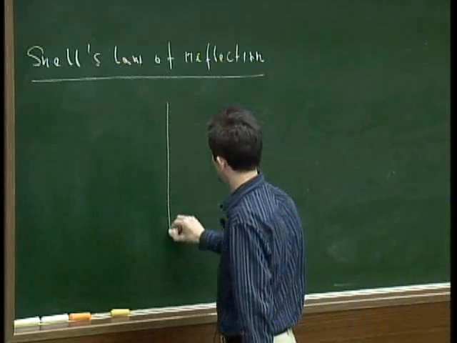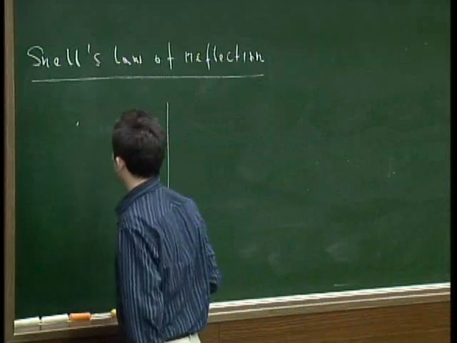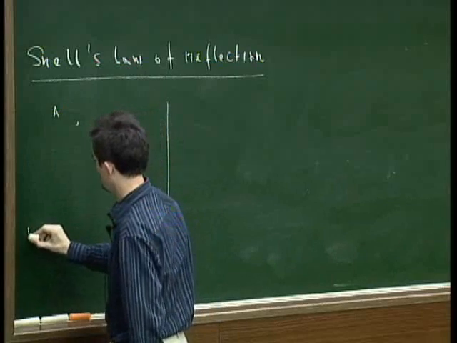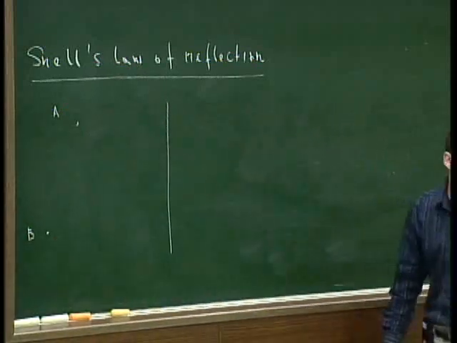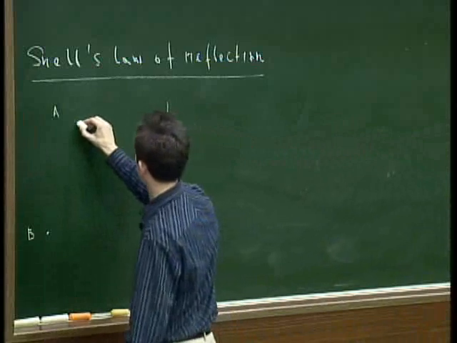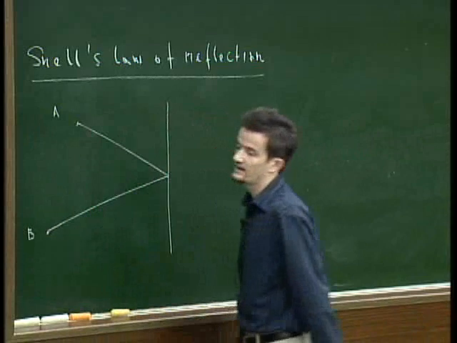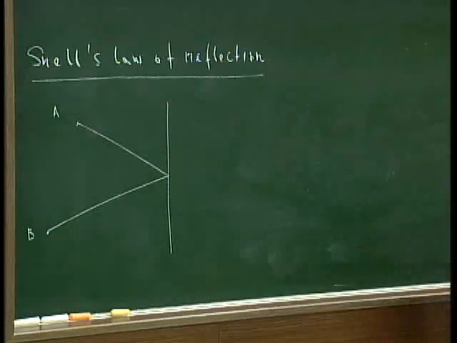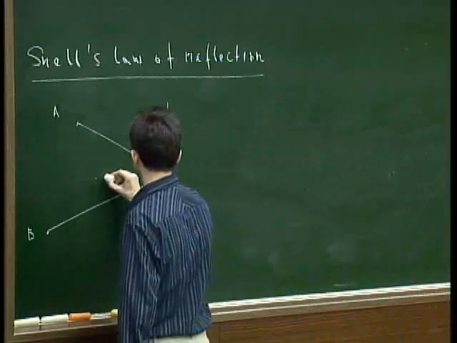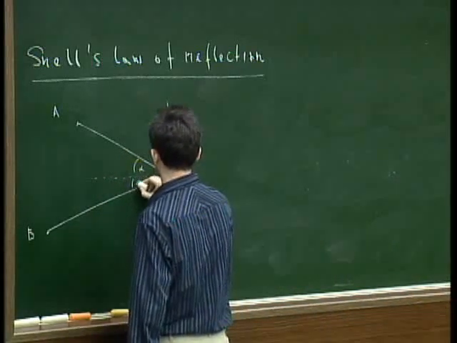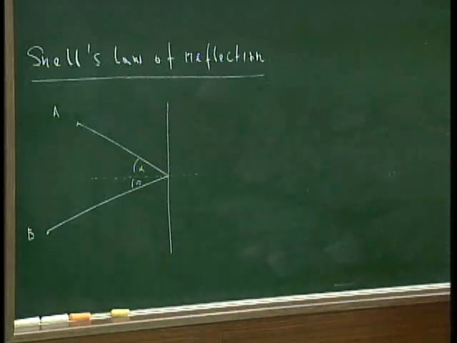So if light is traveling from this point here, A, to some other point, B, and gets reflected at some media, for instance, light is traveling like this here, then gets reflected at this media here, then you know that if you look at those angles, this is alpha and this is beta, then alpha must be equal to beta. This is the so-called Snell's law of reflection.